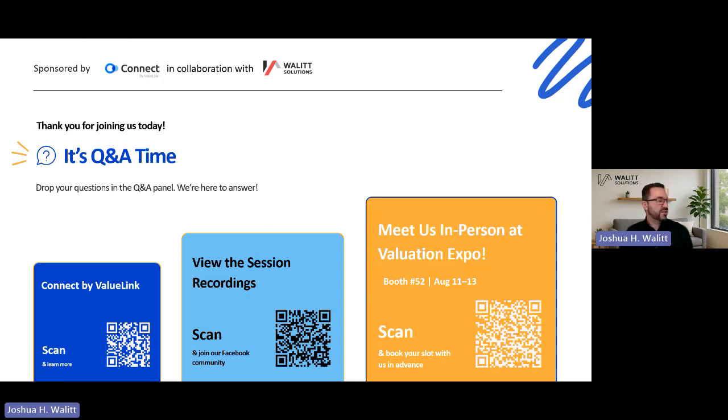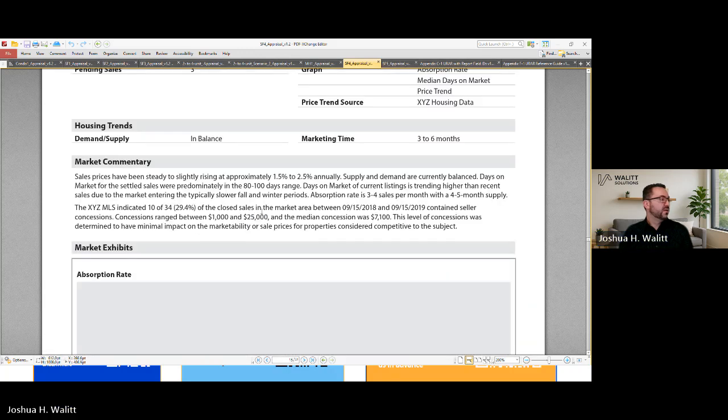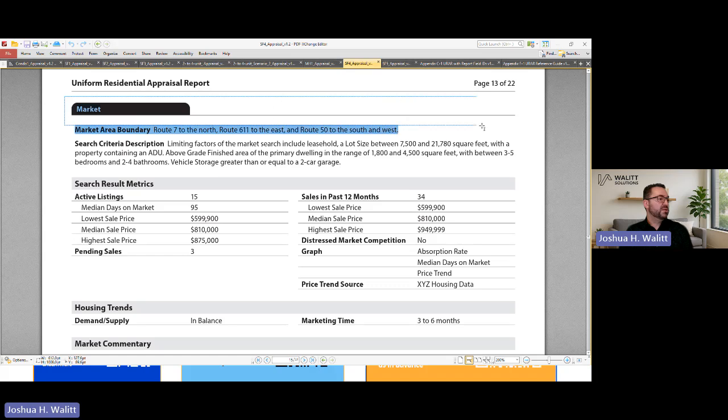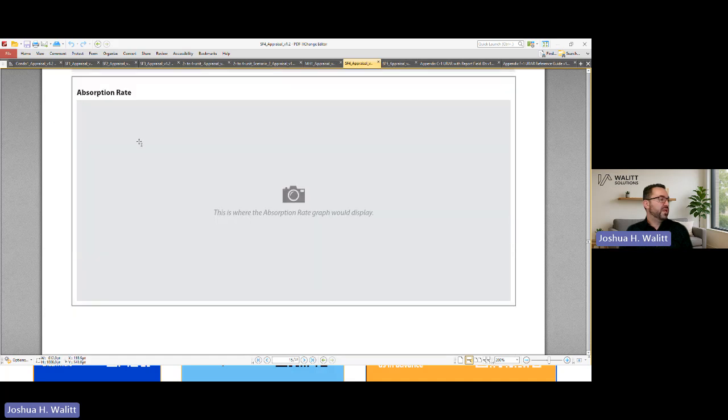All right, so that's a good question. If we go up to the market section, and this is in session 1, it's just as an example. It's a really good example of it. We have the market section. We have some fields we fill in. We have some metrics that we complete. We have some commentary, and we have the exhibits.